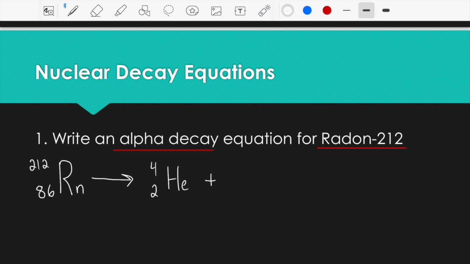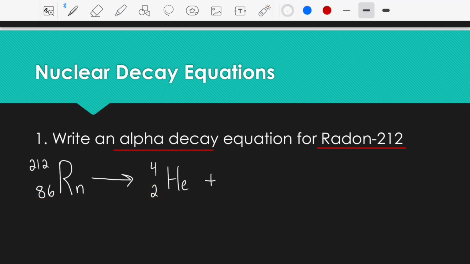Now here's the thing that you want to remember, okay? All of the mass numbers on the right side of the equation have to equal the mass number on the left side of the equation. Likewise, all of the atomic numbers on the right side of the equation have to equal the atomic number on the left side.